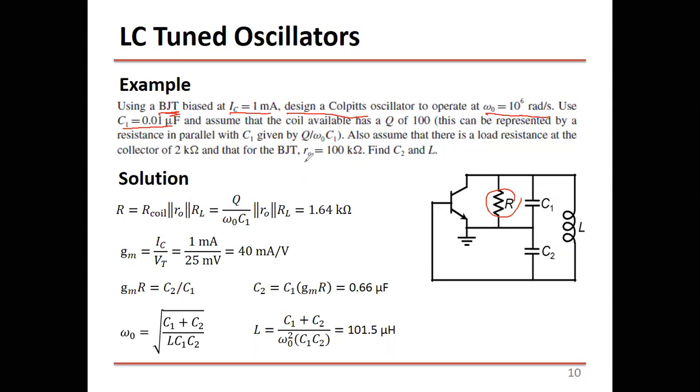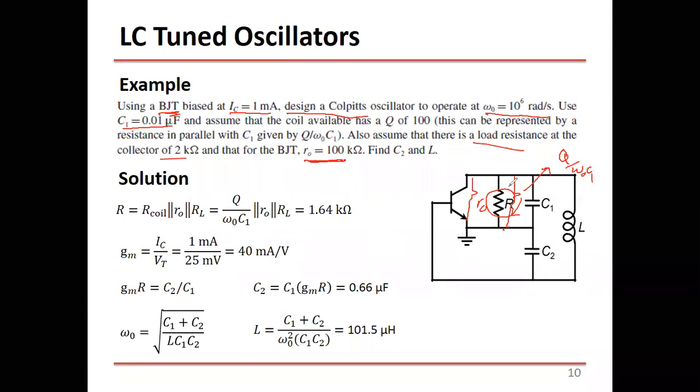The first part is that you have to assume RO is not infinity in this example, so you have to use RO, and you remember that RO is here. And there is another load. Assume you have a load resistance RL of 2 kilo ohms. Plus, sometimes you add a coil in the tank circuit, and this coil has a resistance defined by Q over omega naught C1.